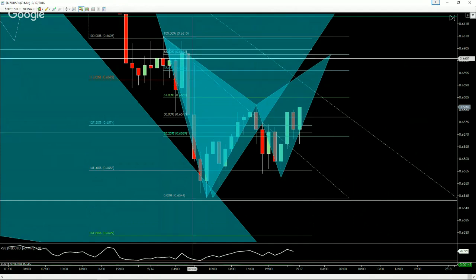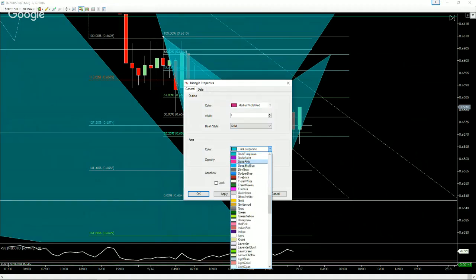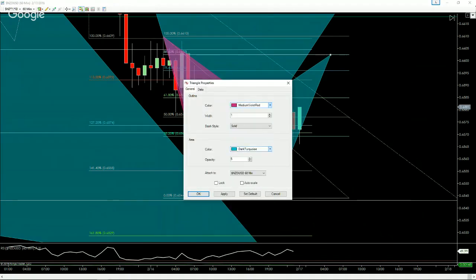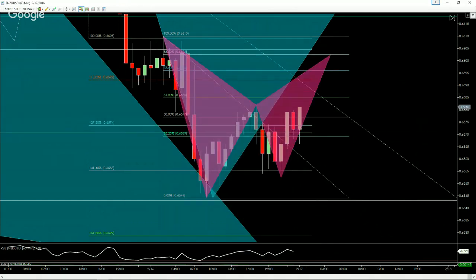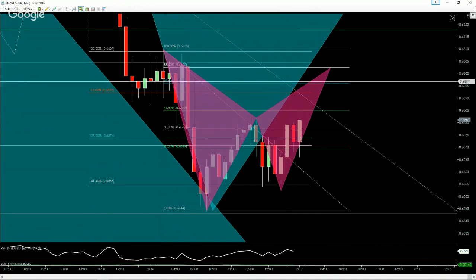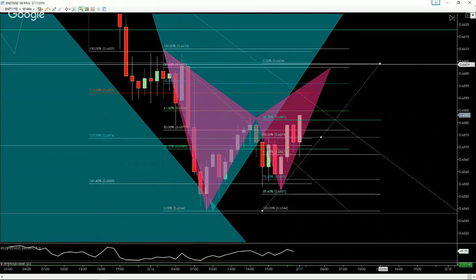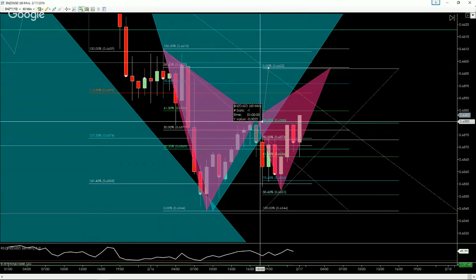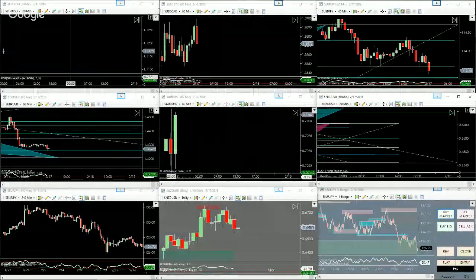And this smaller bat pattern, I think this is only about 20 pips to target 1. So it's a fairly small pattern, but it is a pattern nonetheless.